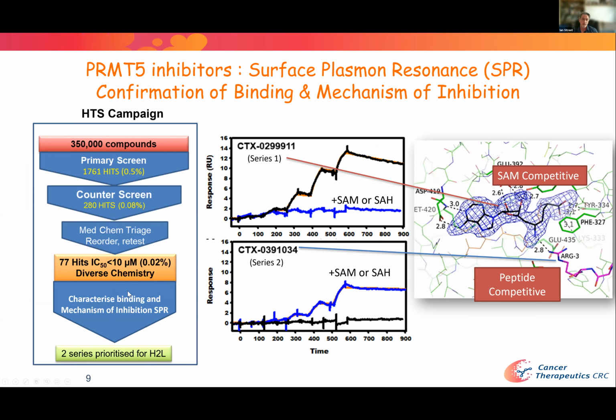So these were interesting not only because of their biochemical activity against the target, but essentially we found out through a series of mechanistic studies that one series bound in the SAM pocket and the other series, series 2, actually bound in the peptide binding domain. And this gave us another way of mitigating the risk across this target, in that we could tackle the approach to 2 different sites on the enzyme.